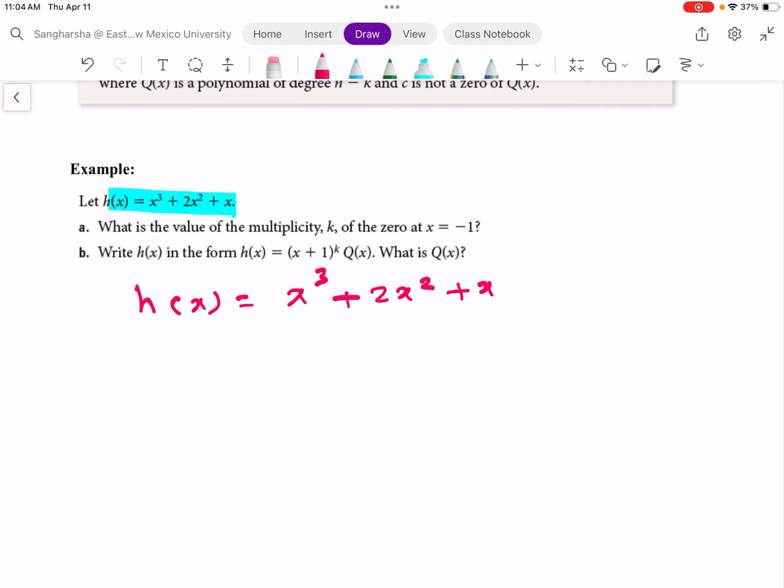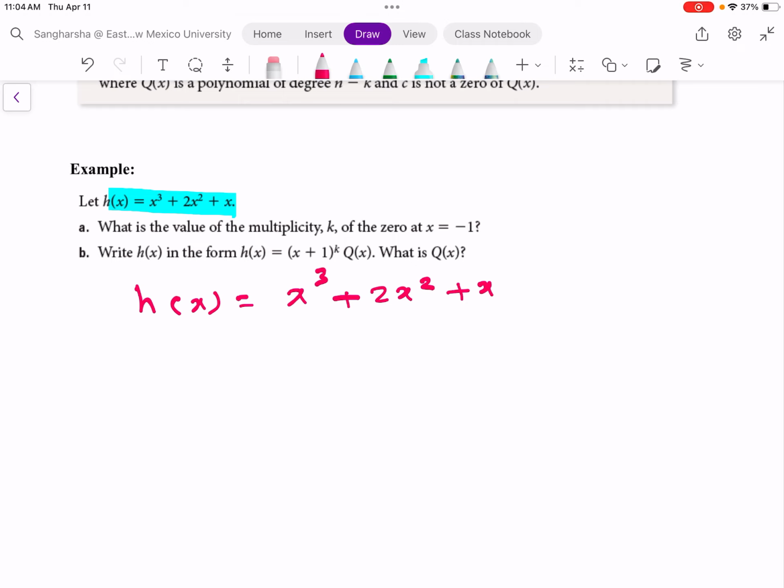Now, how do we find the multiplicity? Before that, what is multiplicity? Multiplicity is the number of times a factor repeats. If you have a function in factor form, we want to know how many times that factor repeats, and that number is the multiplicity.